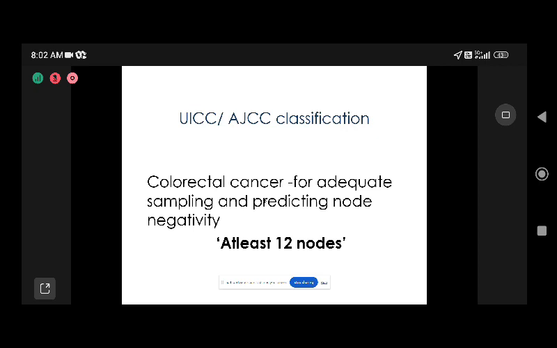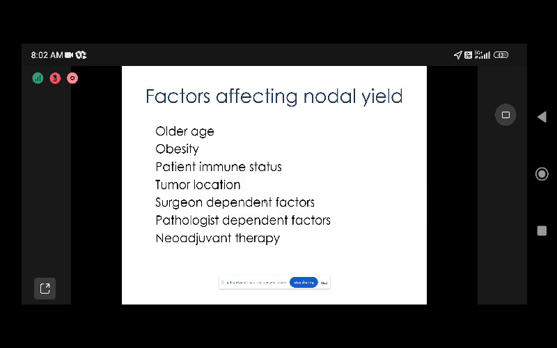If lymph nodes are less than 12, then there are good chances that the tumor may not be staged properly, and the medical oncologist may have to give chemotherapy just because the tumor is not staged properly. So there are some factors which can affect the nodal yield. In older patients, in obese patients, patients with poor immune status, you can find fewer nodes.